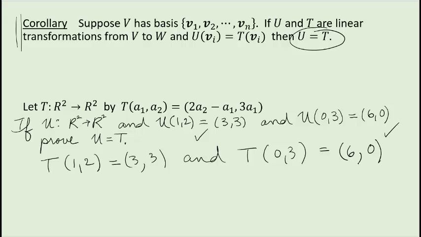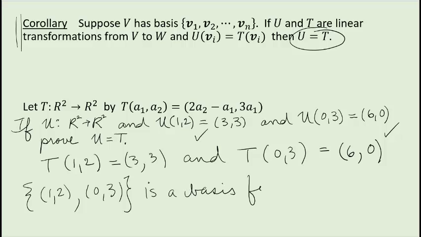They act the same, but we can't say that they are the same linear transformation unless we know that the set containing (1, 2) and (0, 3) is a basis for R2. Well, clearly it is.